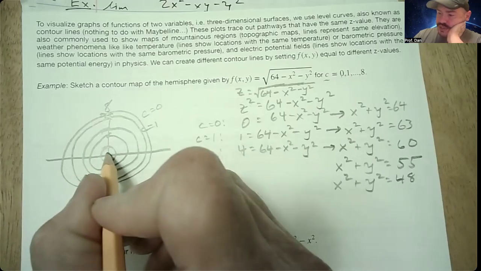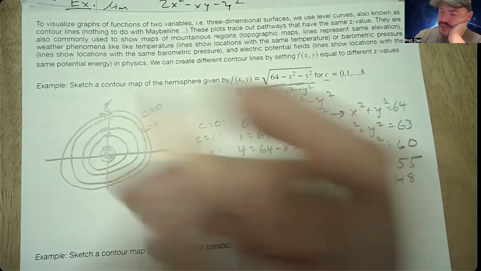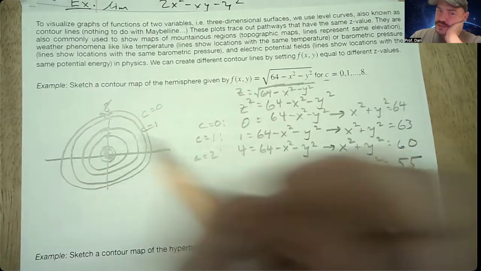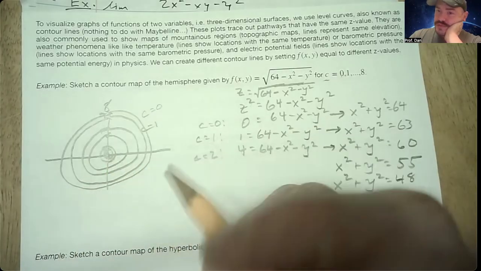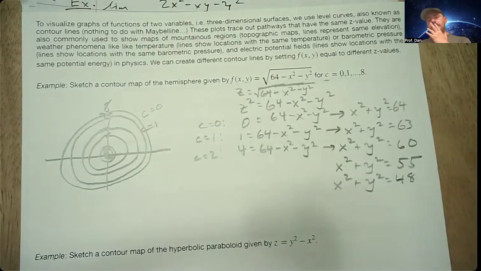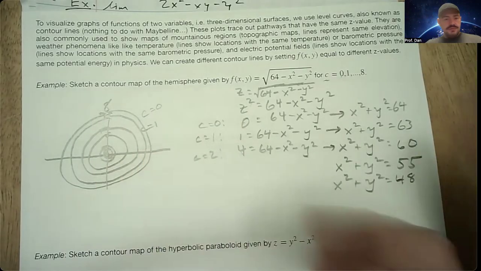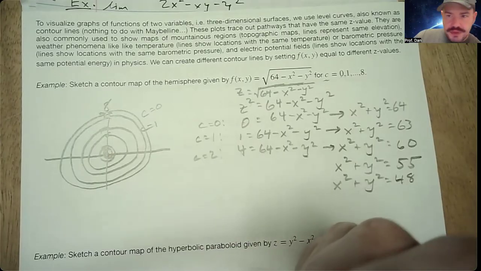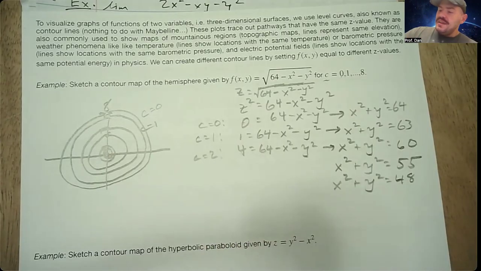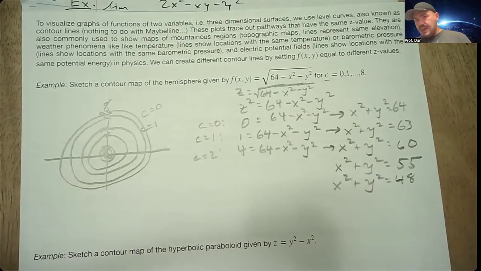But the point is that we would end up getting these circles that get closer and closer to each other as we get higher values of z or c. In reality, these should actually be much closer to each other. But I am not an art teacher, thankfully. All right. But anyway, this is our contour map.